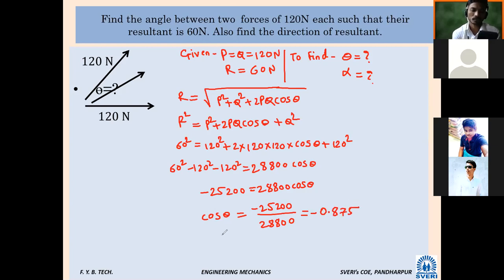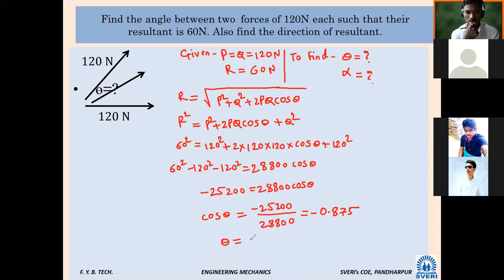Theta is equal to cos inverse of minus 0.875. Are you taking plus or minus?